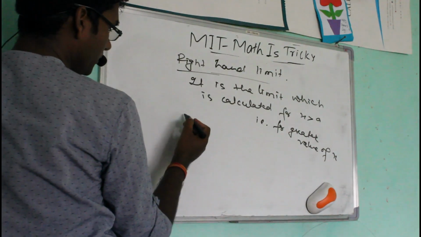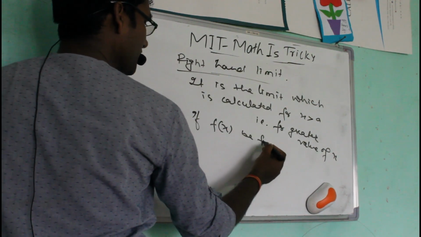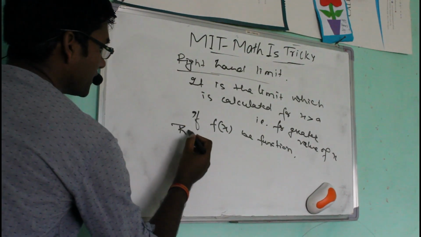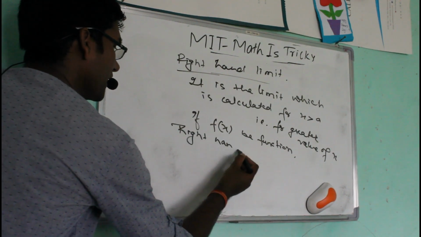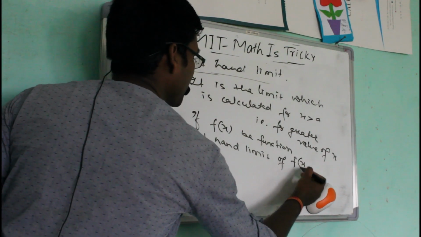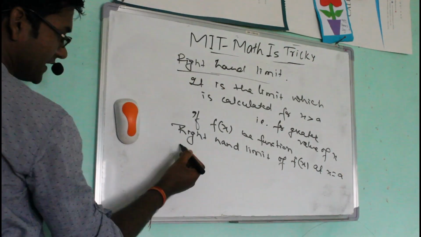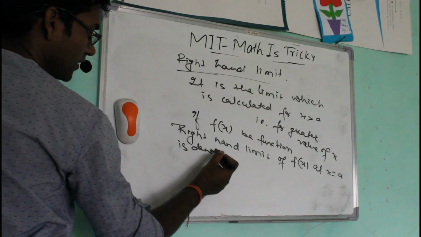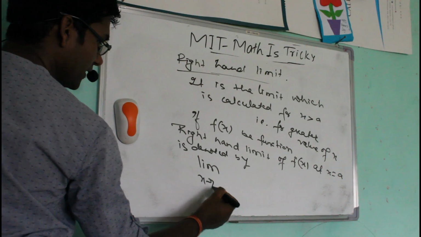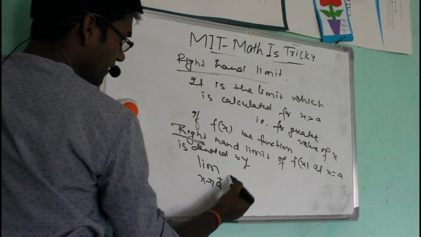Suppose f(x) is the function, then the right hand limit of f(x) at x equals a is denoted by limit x tends to a plus of f(x), where right hand limit always has a plus.